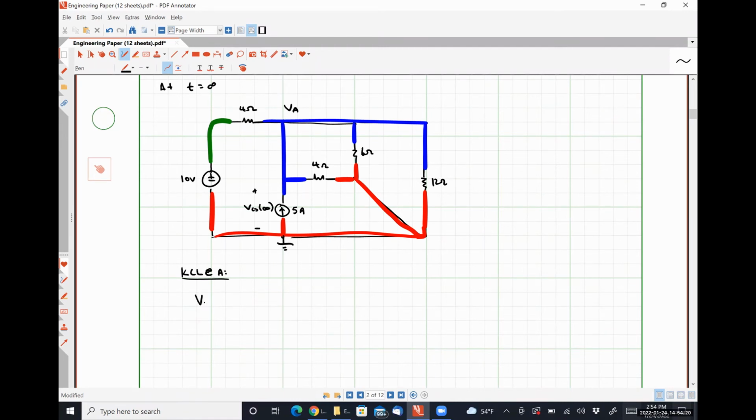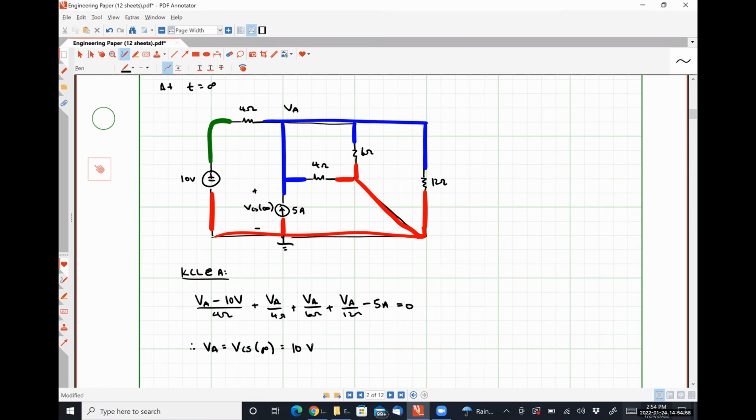yields VA minus 10 volts over 4 ohms plus VA over 4 ohms plus VA over 6 ohms plus VA over 12 ohms minus 5 amps is equal to 0. VA will be VCS at infinity, which is 10 volts.